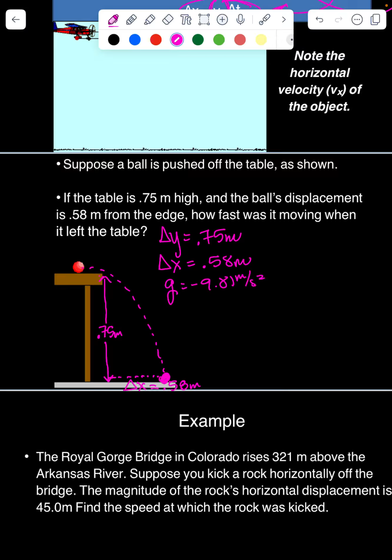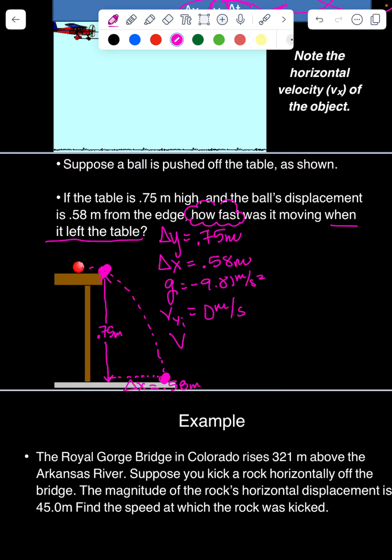And then we also know that its initial vertical velocity was 0. I have asked you, how fast was it moving when it left the table? So we're looking for a velocity when it left the table.